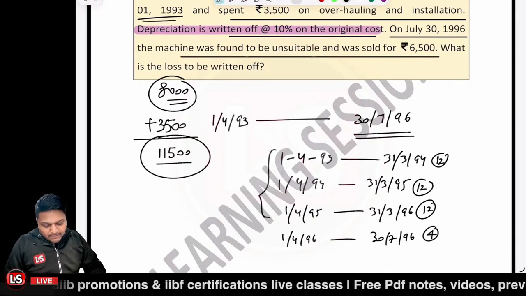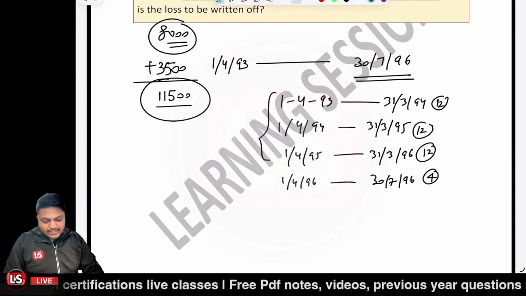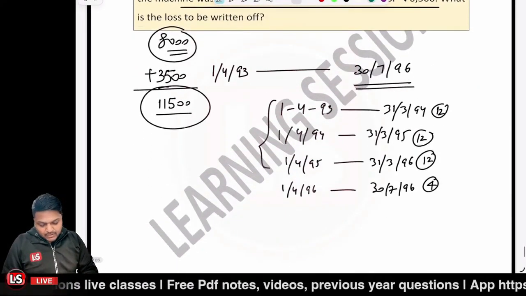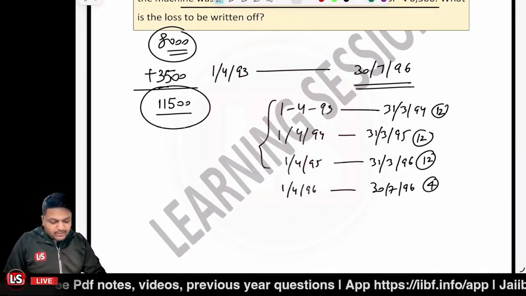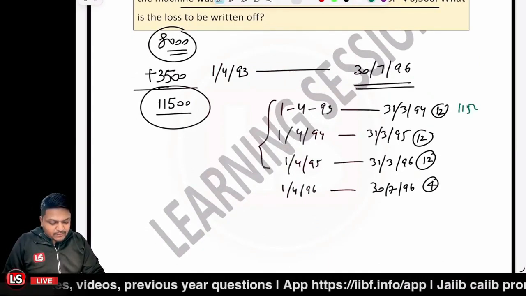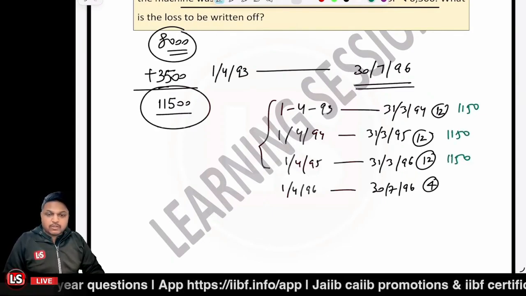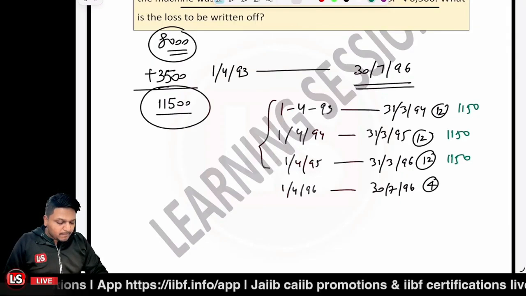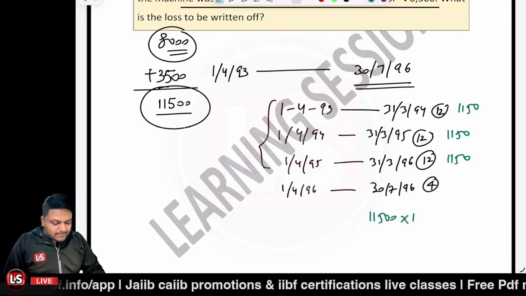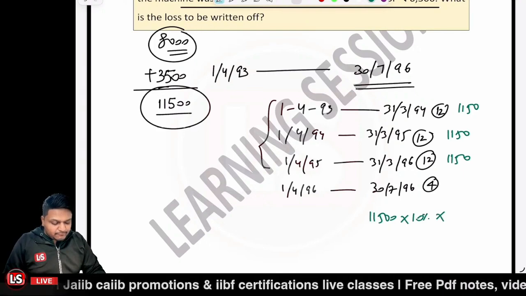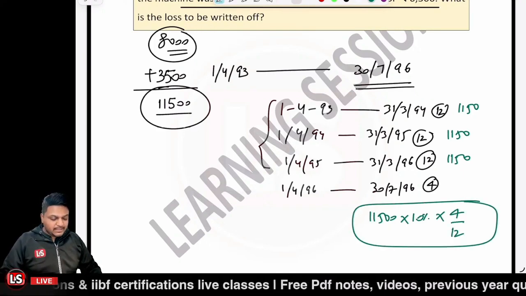So we have to calculate the depreciation now. Depreciation is to be charged on 11,500, and at what rate? At 10%. So the depreciation would be 11,500 into 10%, that is 1150 in the first year, in the second year, in the third year. For the fourth year, the depreciation would be 11,500 multiplied by 10% multiplied by 4 divided by 12, because it is to be charged for 4 months, right?